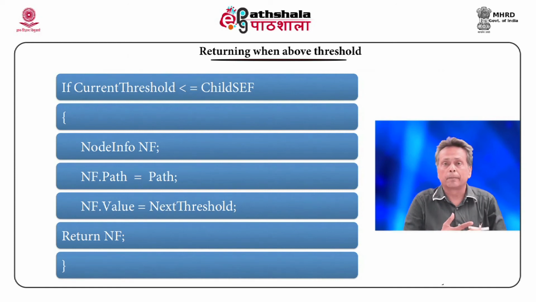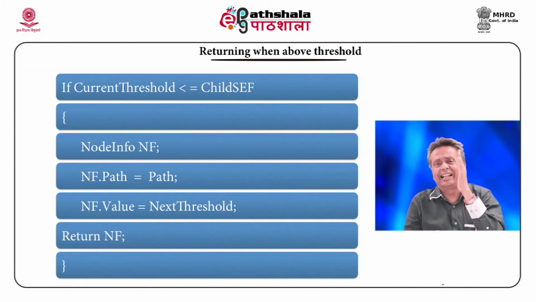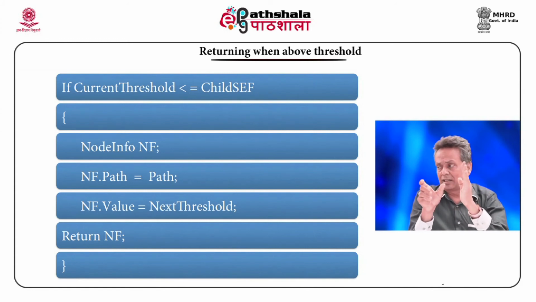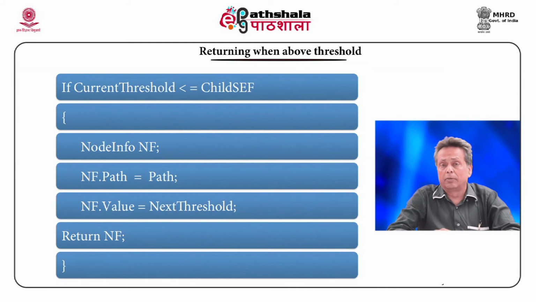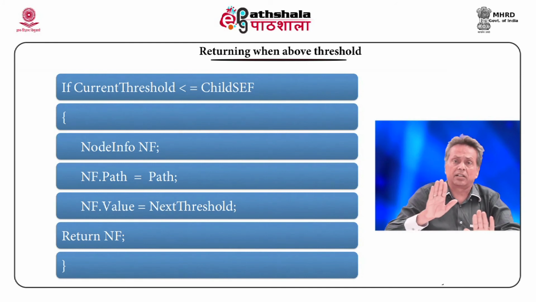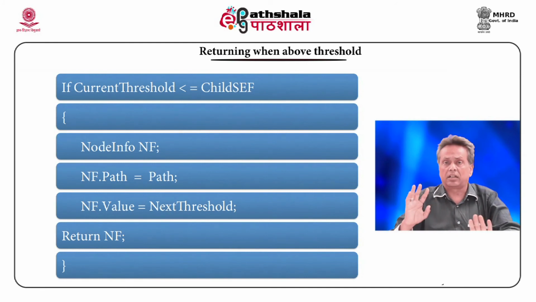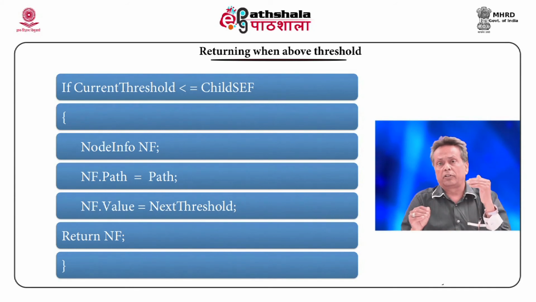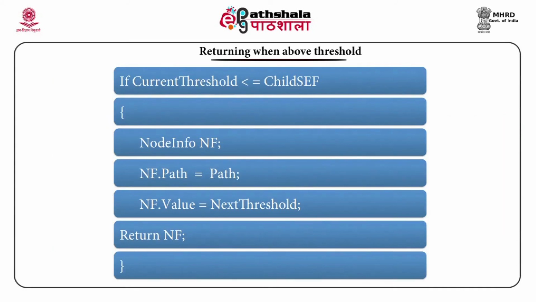That's why this part is very, very important. If the current threshold value is less than the child value, what should I do? Now remember this, we start with alpha, and when we do beta, we negate that. So remember alpha, where we have the maximum value. Anything less than that we'll just skip.